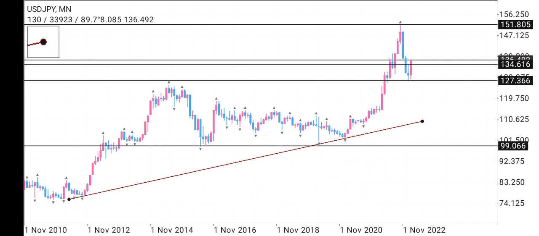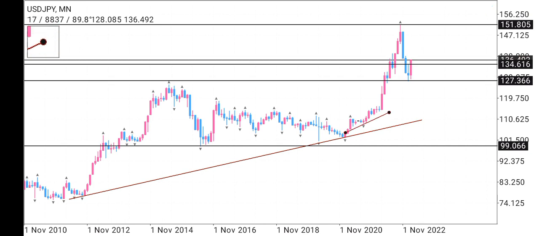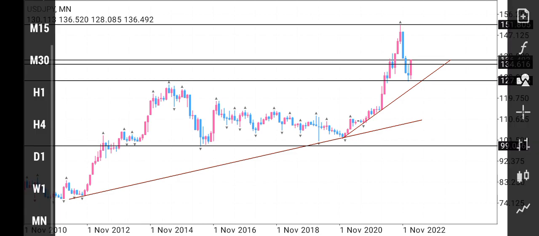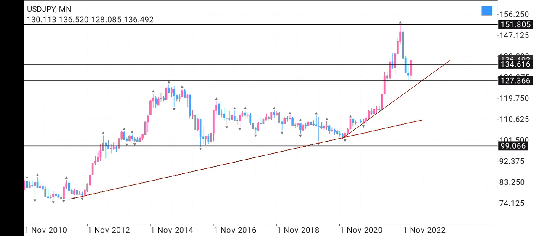If you look at USDJPY, it still has a strong bullish momentum, which is still going. After that, there's a supply zone, which I'll mark here, which price has not gotten to yet.